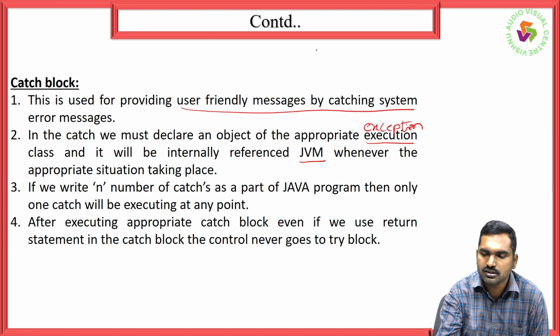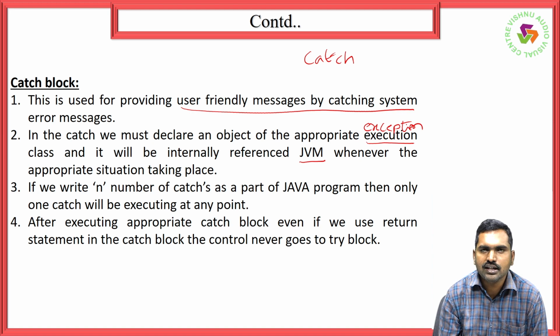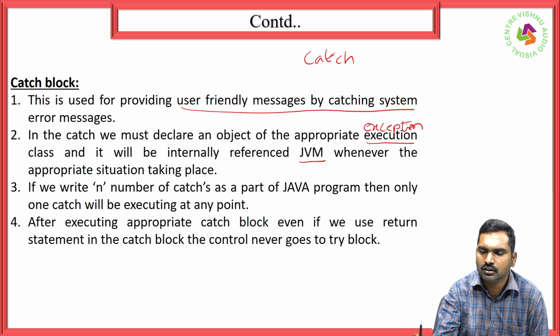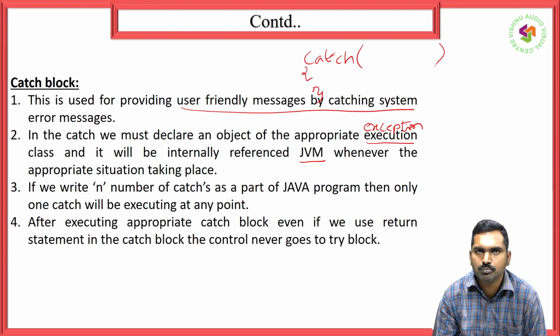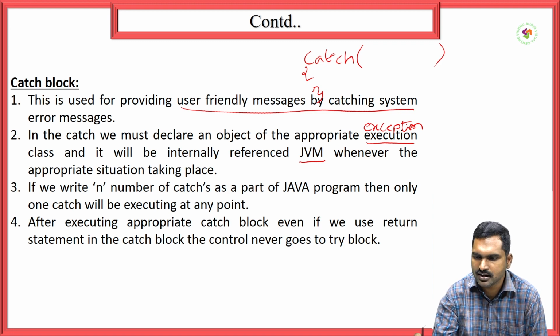The syntax is catch. Inside the catch, we need to mention the type of exception and the statements. Inside the catch block, we need to write the statements to convert the system error messages into user-friendly messages.